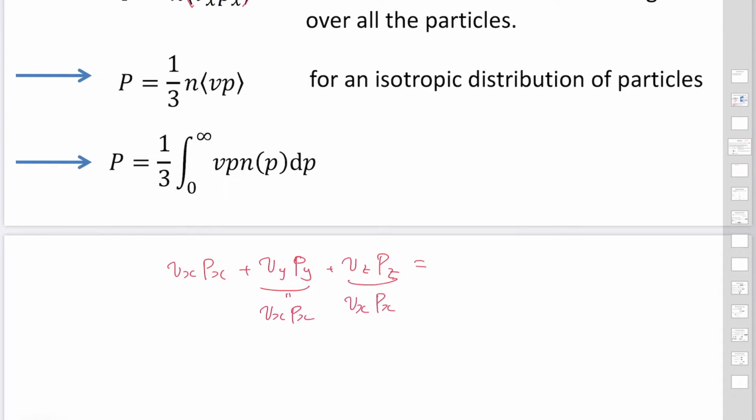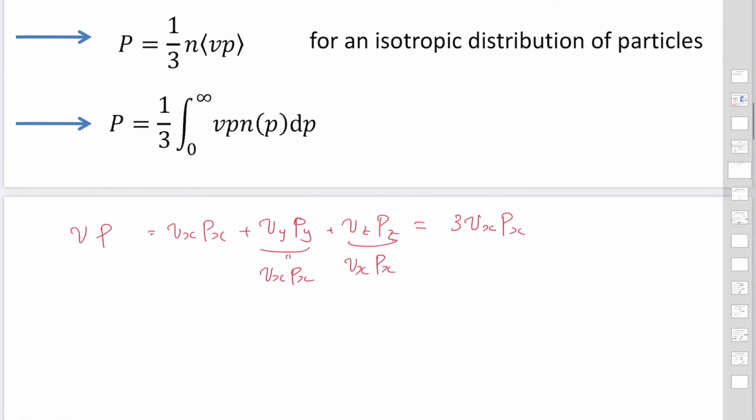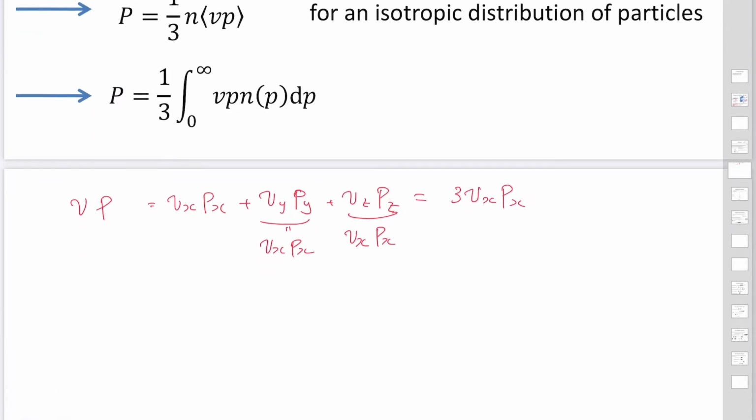So actually this equals 3 v_x p_x, which is equal to v·p. So from these equations, you could calculate v_x p_x equal to 1/3 v·p.